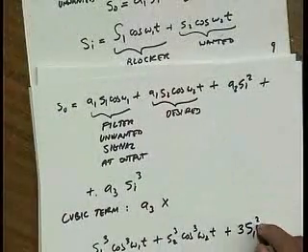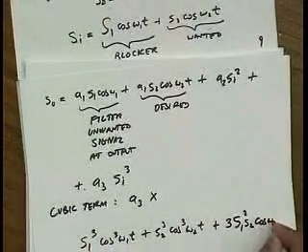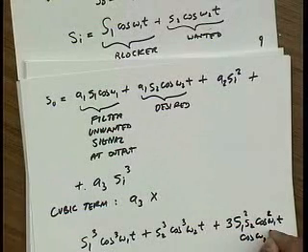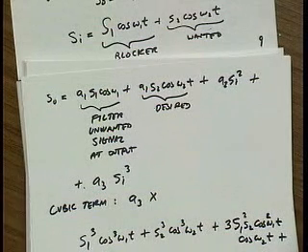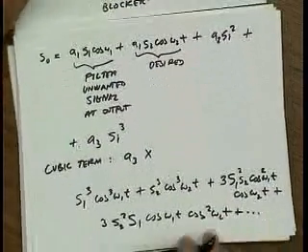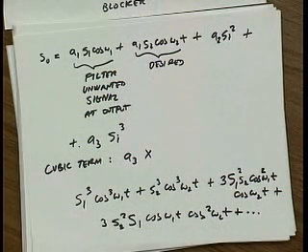So S1 squared S2 cosine omega 1t squared cosine omega 2t. It's also going to give me 3 S2 squared S1 cosine omega 1t cosine squared omega 2t, and so on. Okay, so I'll stop there because these are the important terms.